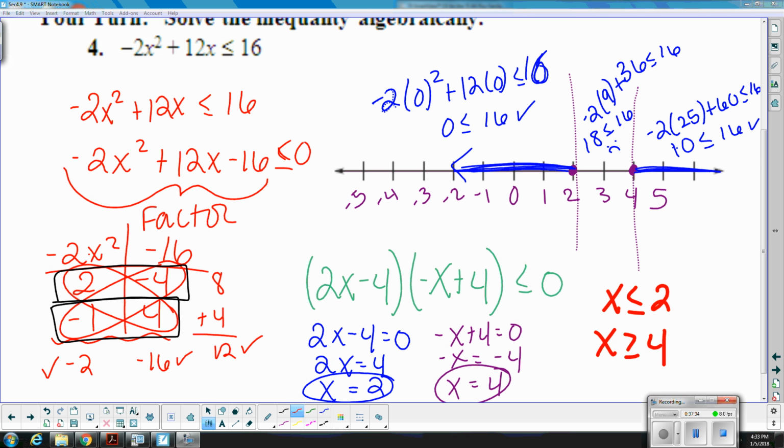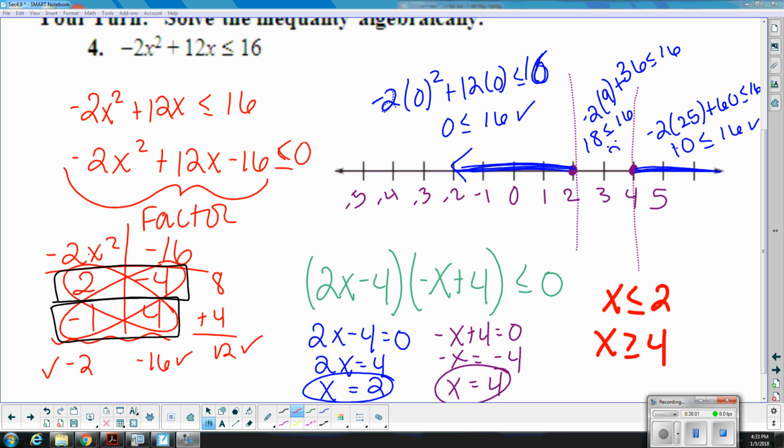Right, so here's the solution. If you first factor, you get 2x minus 4 times -x plus 4 is less than or equal to 0. And then when you solve for x, you get x equals 2 or x equals 4. Those are your critical x values that you should plot on the number line.